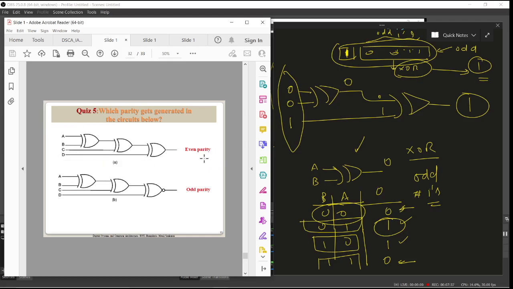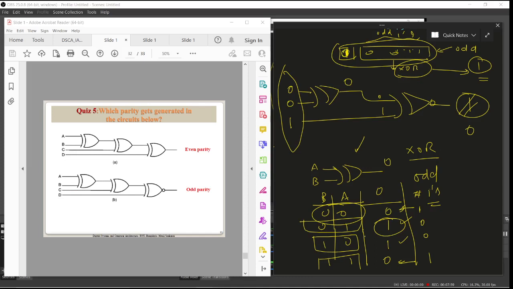Now, what do I do for odd parity? Just complement it. Instead of XOR, if I use an XNOR, the output will be the complement of this. So this is 0, then this is 1, and if I put a NOT at the end, it is going to give me a 0. So I am going to put the parity as 0.